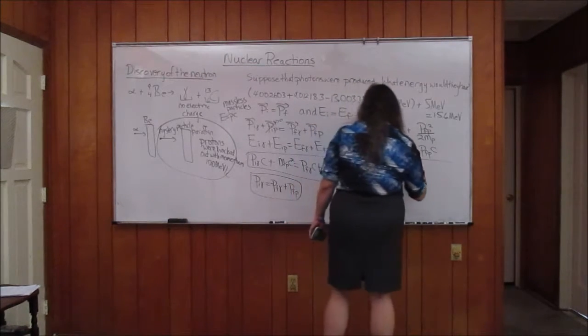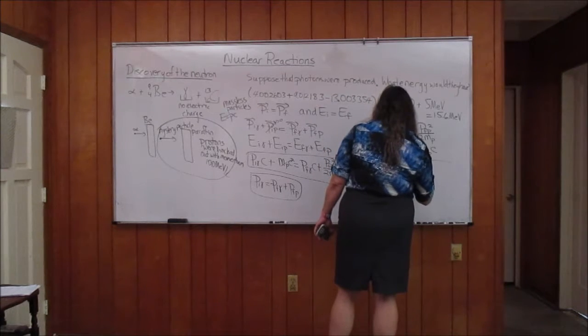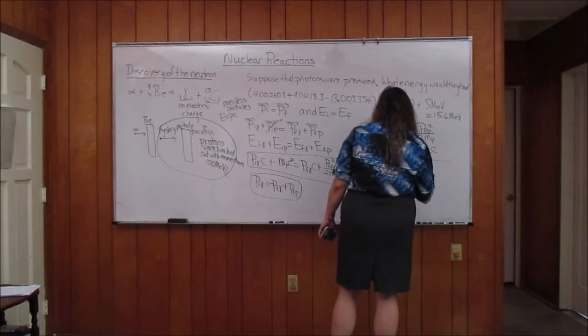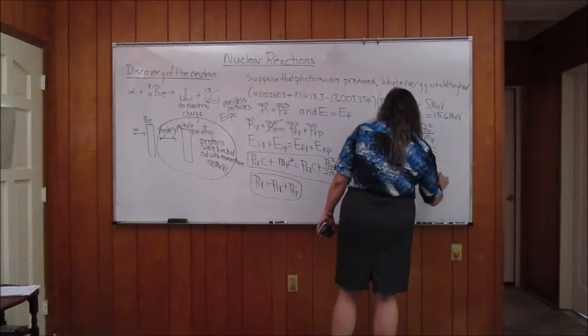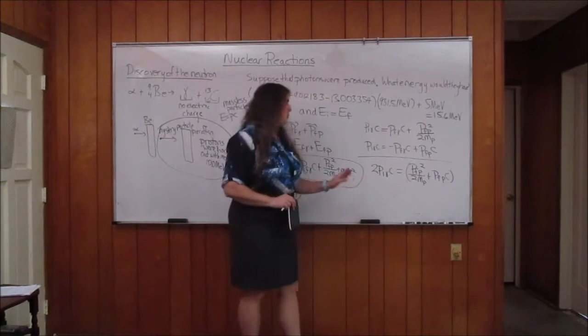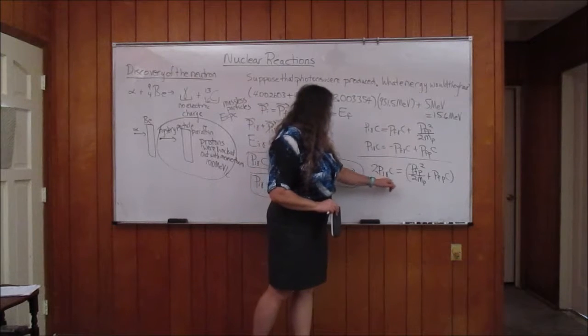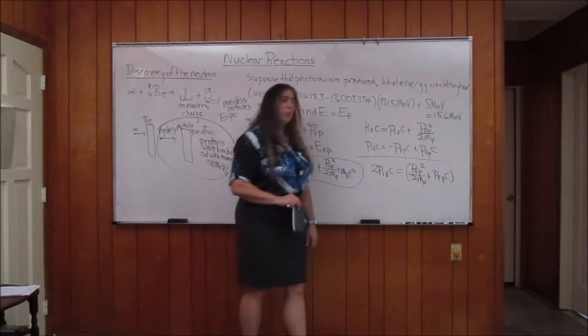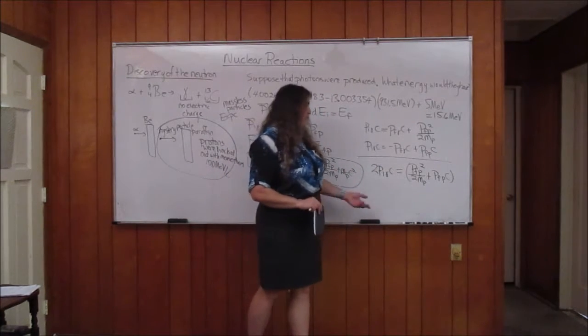And we'll wind up with 2 p_i gamma c is equal to p_fp squared over 2m_p plus p_fp times c. Well, let me just read this off again. This is 2 p_i gamma c is equal to p_fp squared over 2m_p plus p_fp times c.